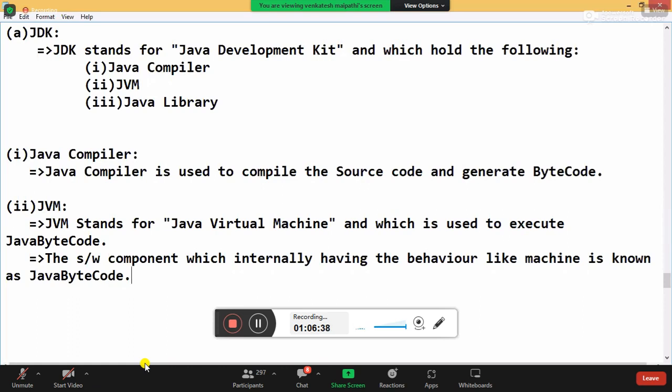Software component means it is not hardware. So we call it a virtual machine. The software component which internally has behavior like a machine is known as a virtual machine.